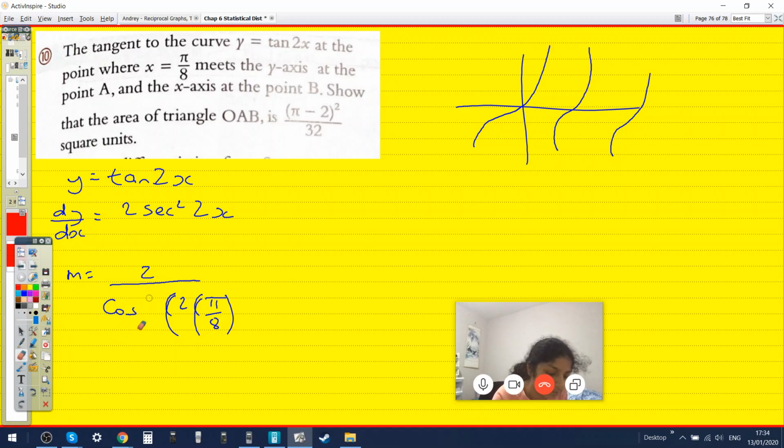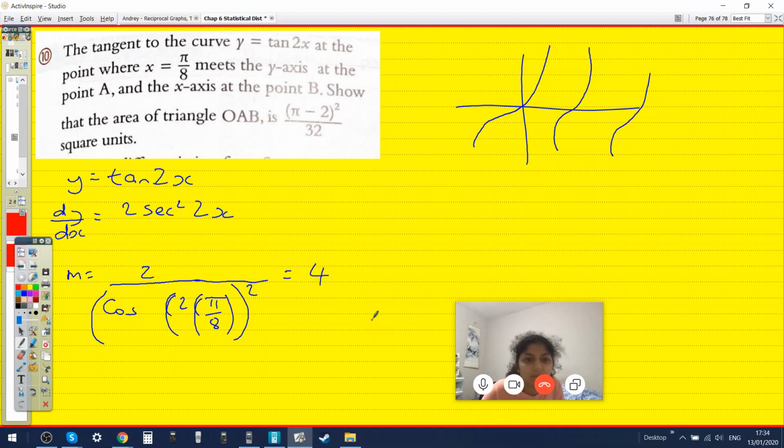So put the whole thing in a bracket. Oh, okay. And the whole thing is squared. That's 4. It's equal to 4, apparently.